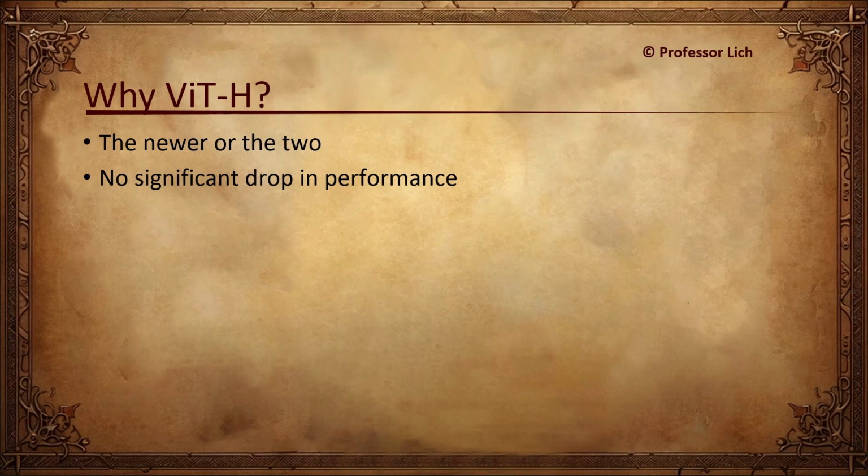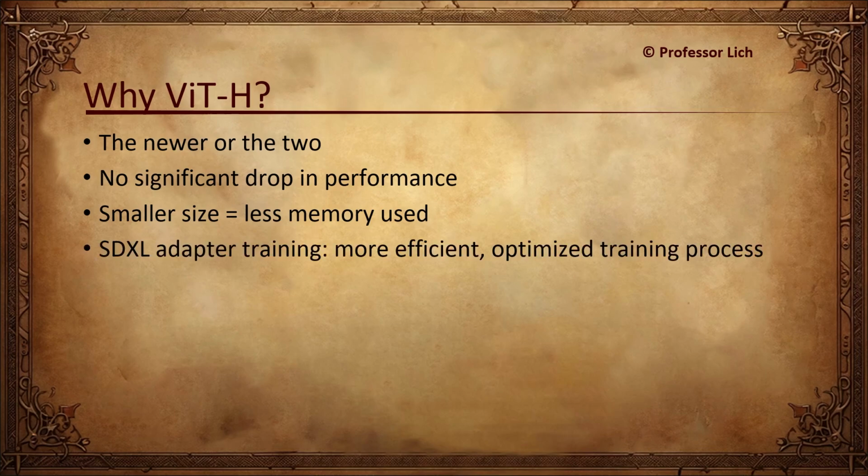Smaller model means less memory used during inference. And lastly, developers claim that there are also advantages in terms of SDXL adapter training. I don't know much about this, but apparently, according to the official repository, with H allows for a faster and more efficient two-stage training strategy. What they do is train the adapter at a lower resolution first, 512 pixels, before fine-tuning it at 1024, and that comes without sacrificing image quality.